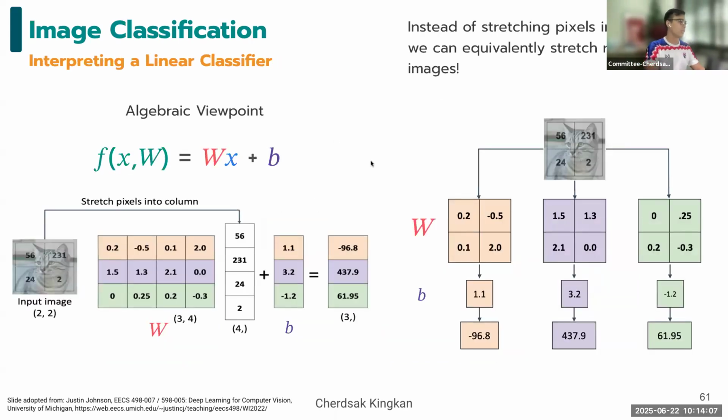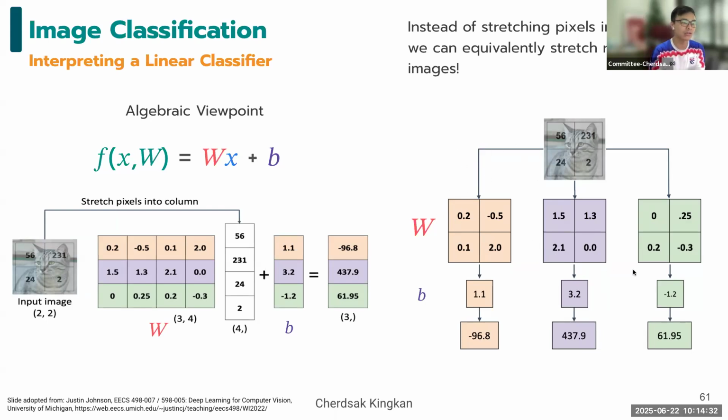Or, instead of stretching out the image into a vector, another way we can do it is to keep the image as it is, but construct a weight that is the same size as our image.